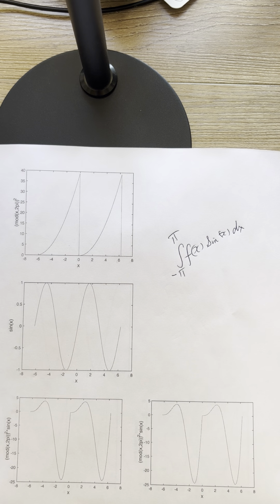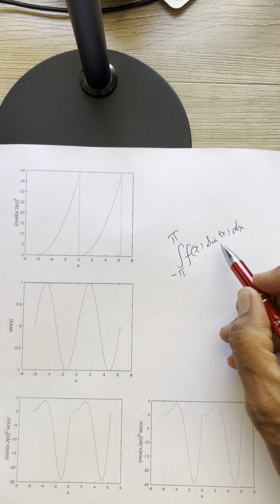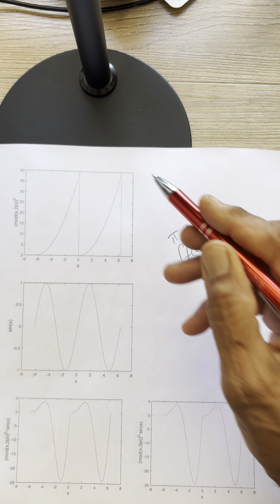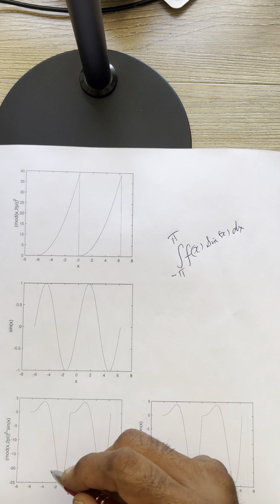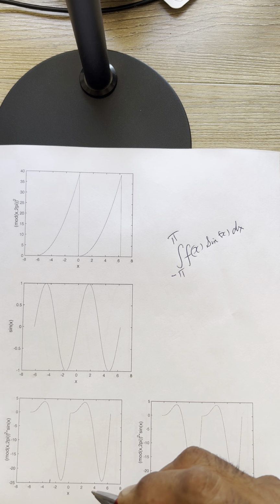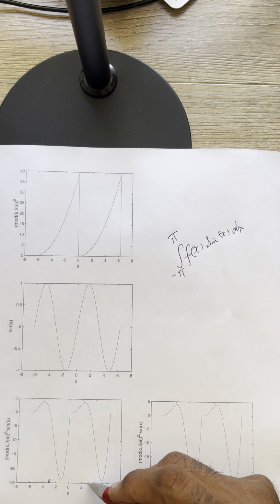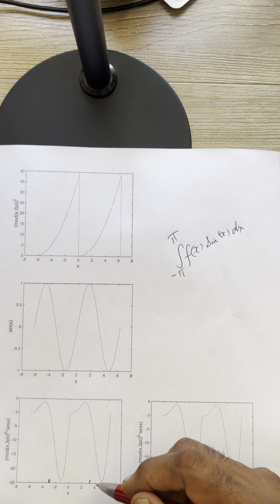I know I used f of t and x interchangeably. You have to evaluate that integral. The product of f of x times sine of x, where f of x is x squared. The product of these two looks something like this. And you're required to evaluate from minus pi, which is somewhere there, to plus pi, which is somewhere in that region.